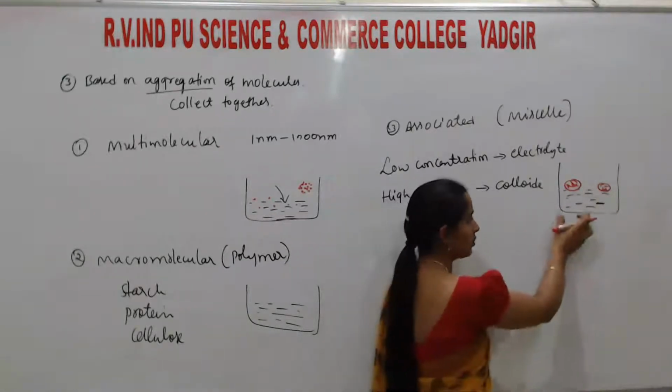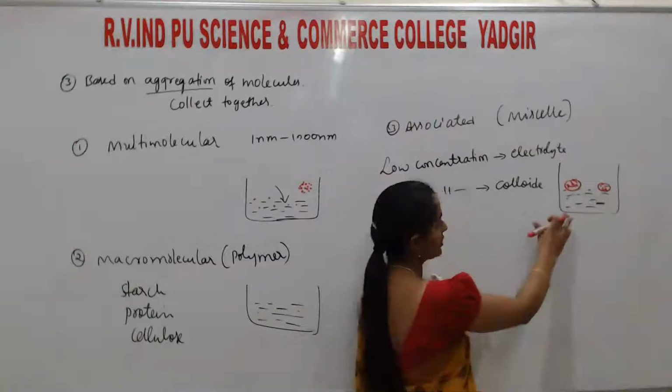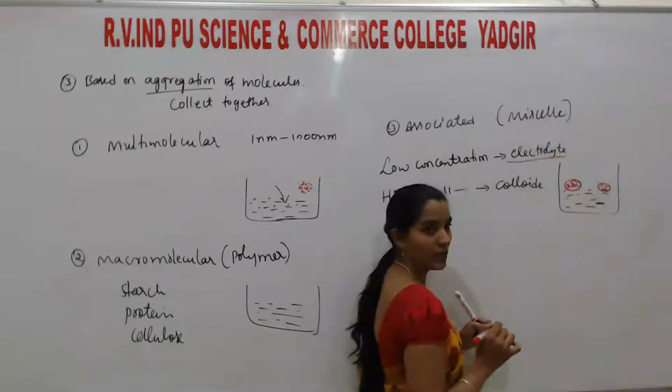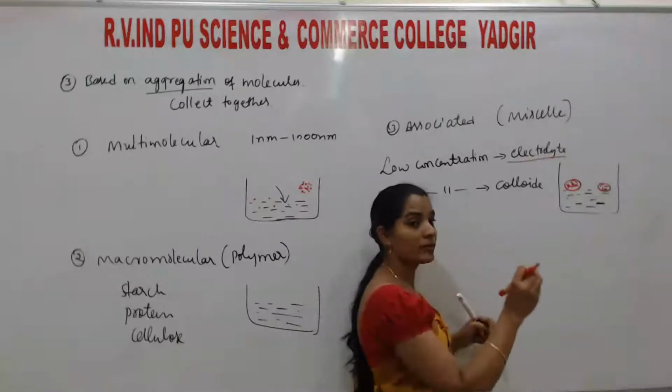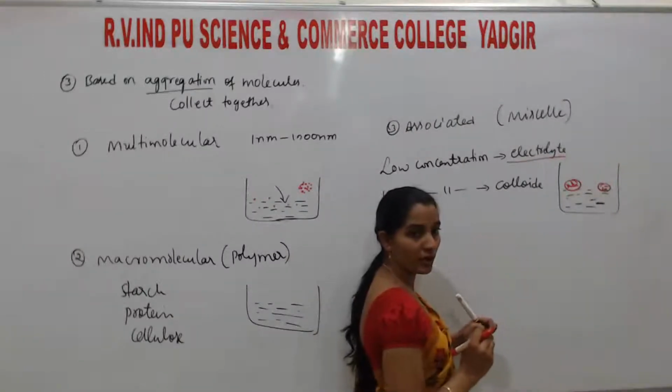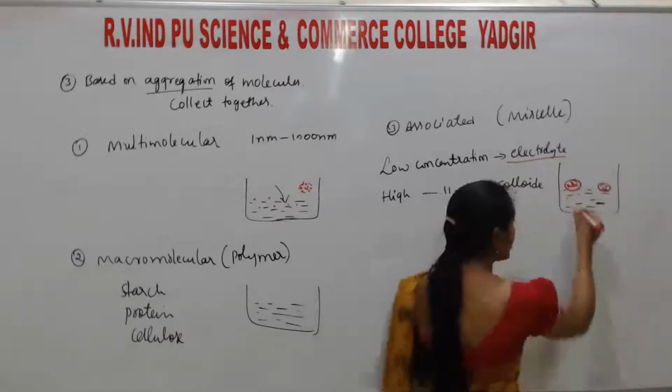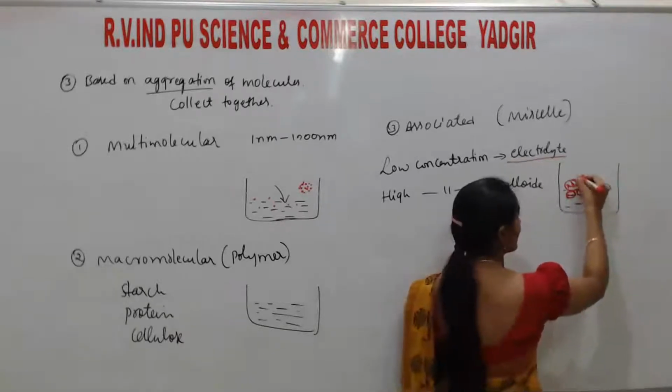In this only one NaCl is there. At low concentration it forms Na plus and Cl minus and it is an electrolyte. If one tablespoon of salt is dissolved in one cup of water, then so many Na plus ions and Cl minus ions are associated with each other like this.